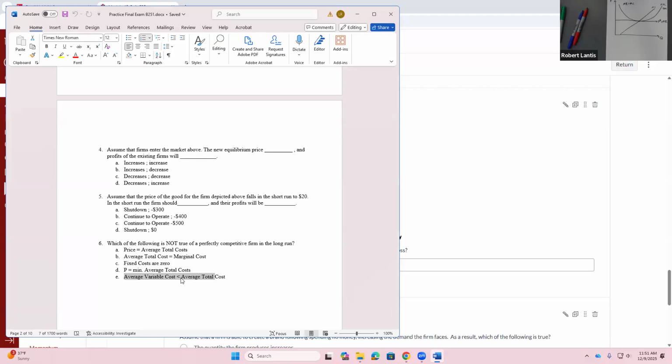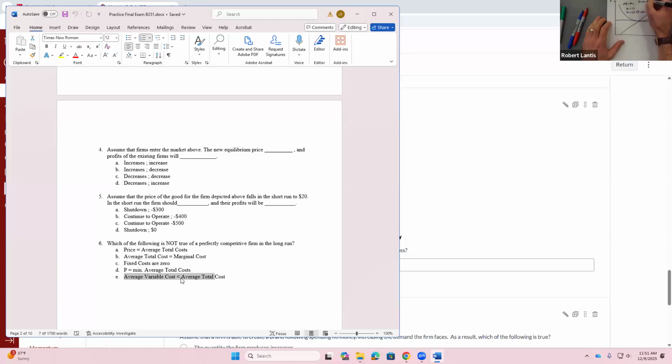In the long run, I also always know what will be true of perfectly competitive firms: profits will be equal to 0. If profits are equal to 0, what must also always be true? If I'm producing something, in order for profits to be 0, what has to be equal to what?